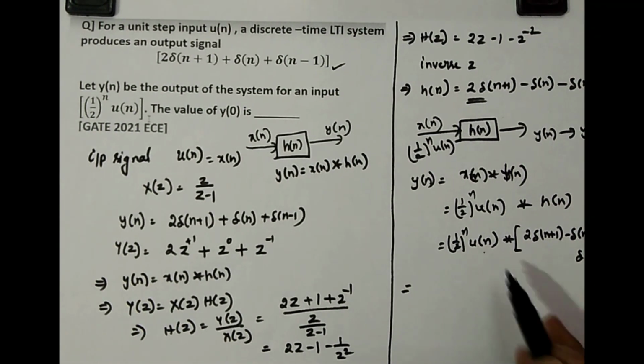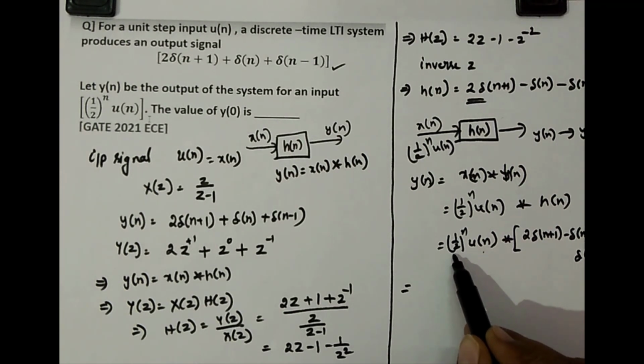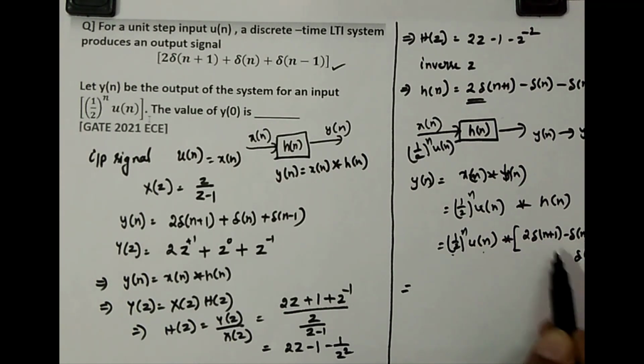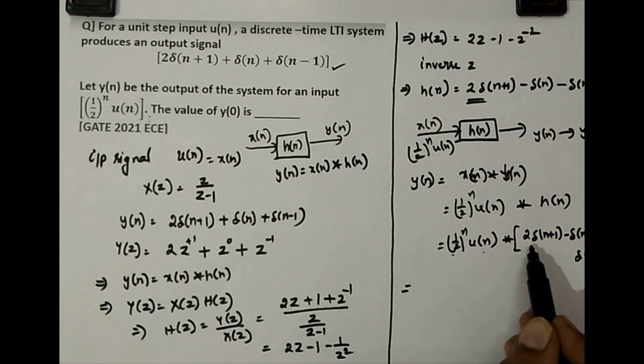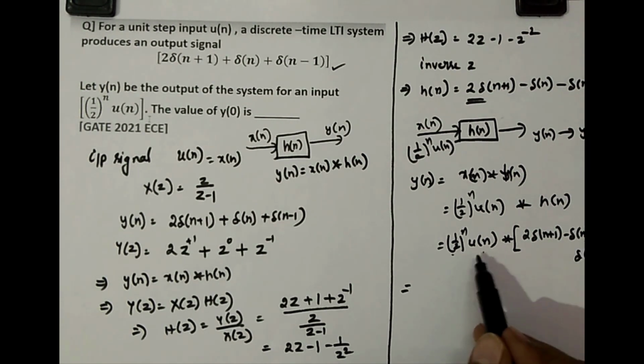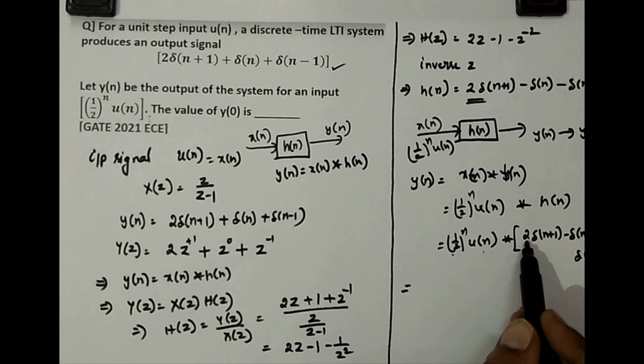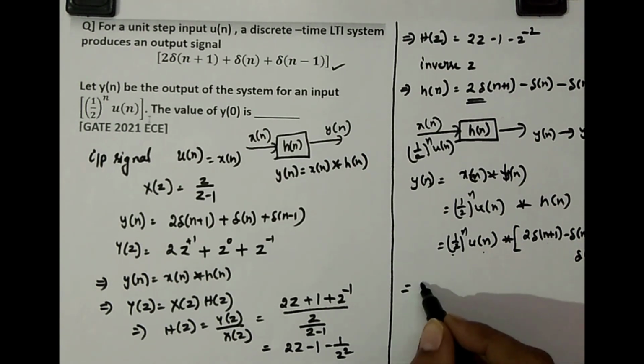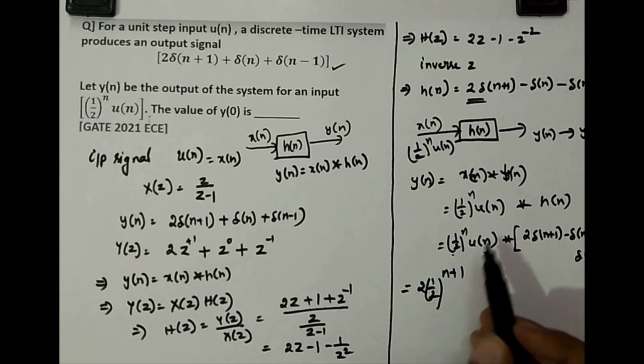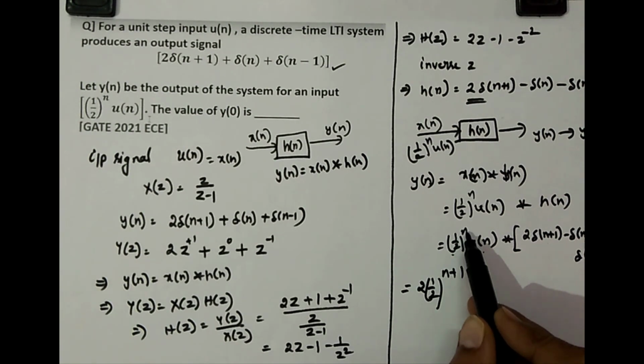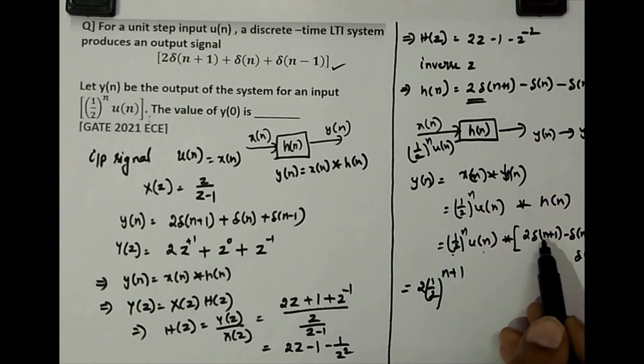Then you have to convolve this half power n u of n with this h of n. These are all deltas, so according to the property of the delta function, half power n u of n convolved with 2 delta of n plus 1 gives you 2 into half power n plus 1, u of n plus 1, because the delta's index is n plus 1.